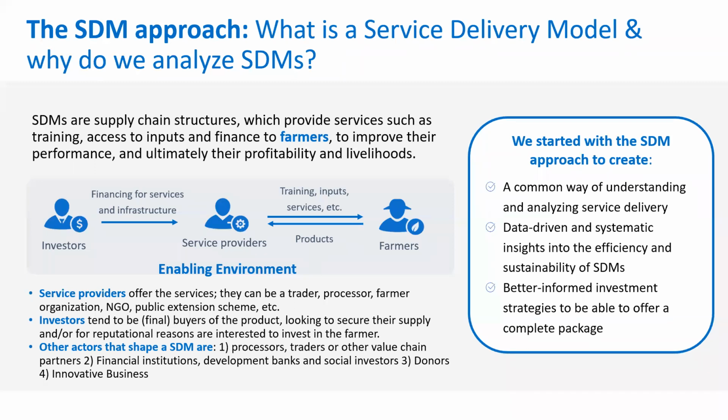What works in what location, how things are designed in some locations for some crops. And this then helps us understand how we make service delivery models more efficient in terms of cost efficiency, so having the biggest impact for the lowest spending, and ultimately how to make them more sustainable.